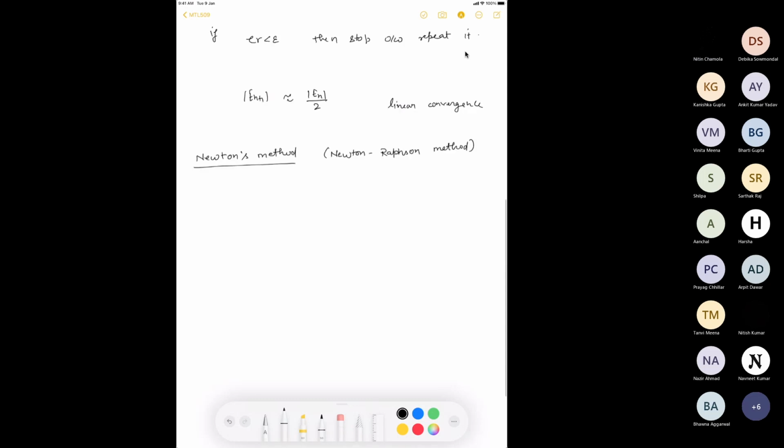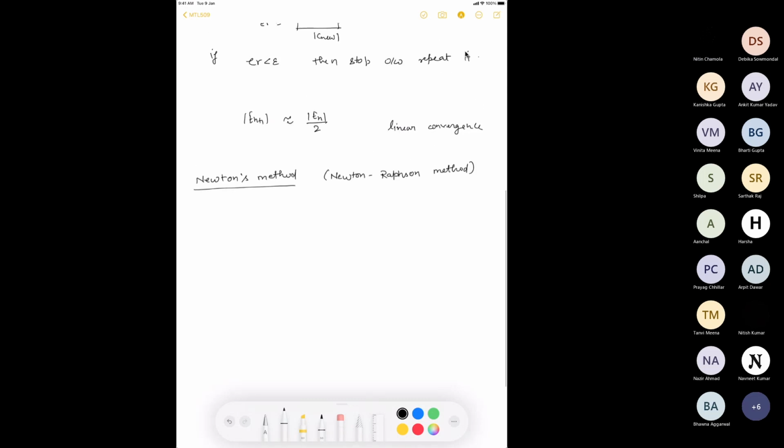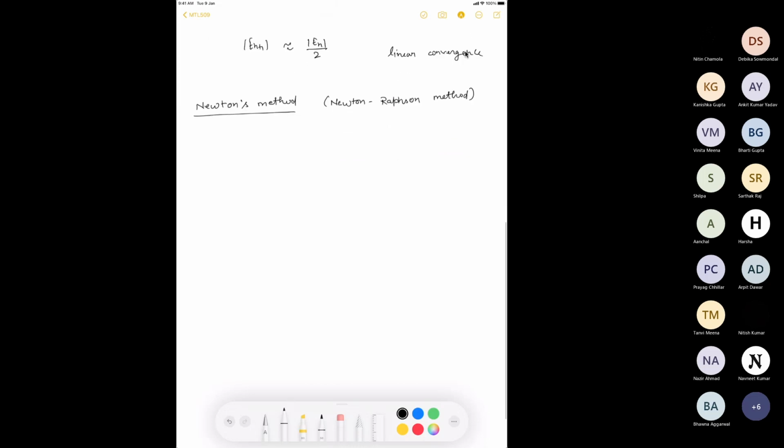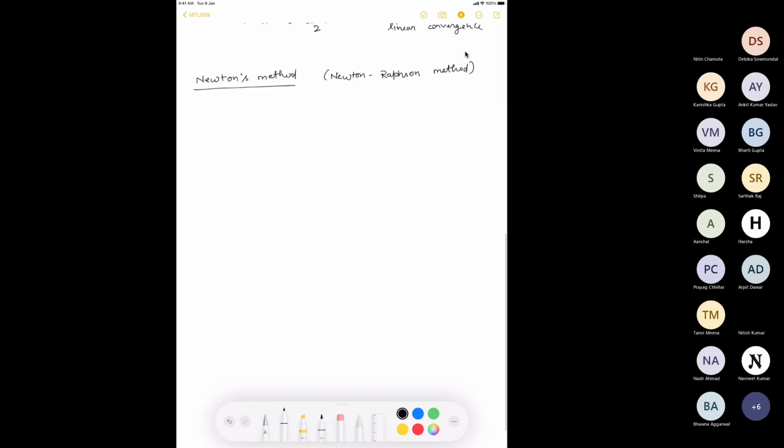And this algorithm tries to overcome the shortcomings which we have in the bisection method. What is important here is that we will see that Newton's method will converge with a higher rate than the bisection method. Okay. So what is the idea of Newton's method?